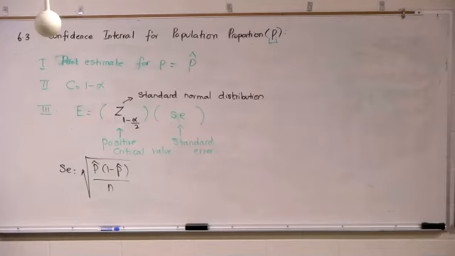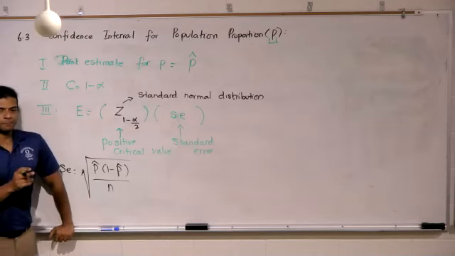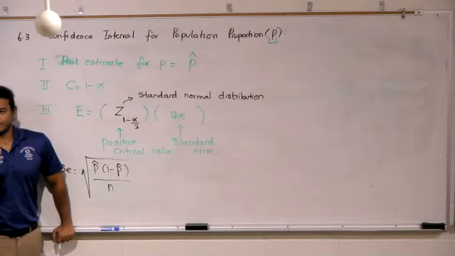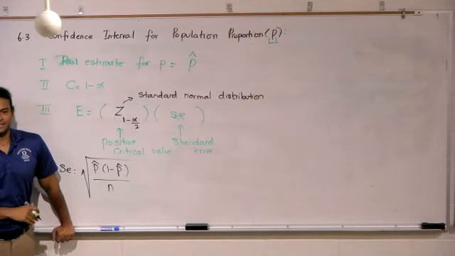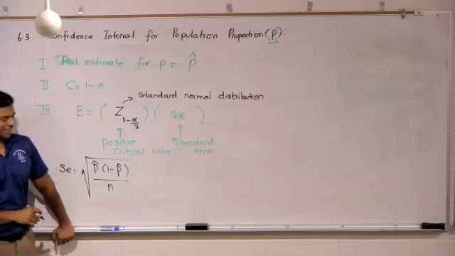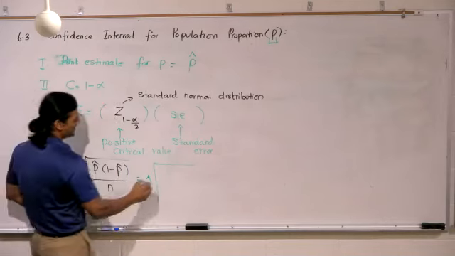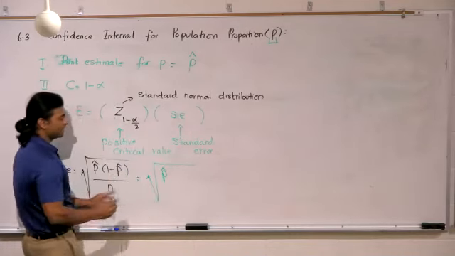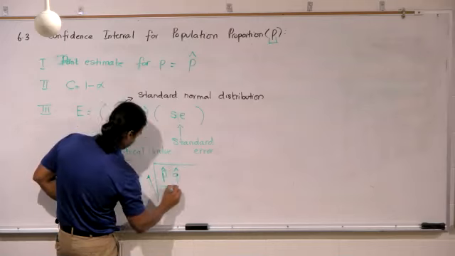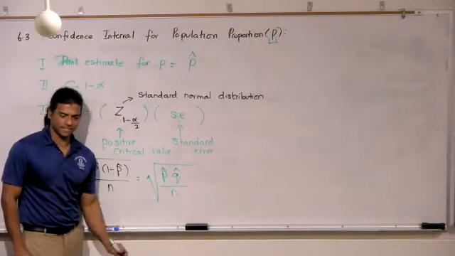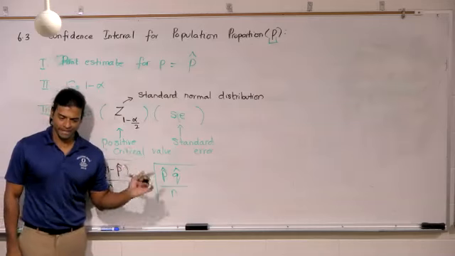Going back to the binomial distribution, if the success probability was P, I call the failure probability using a different letter. What is that letter? Q. So P hat multiplied by Q hat divided by n. I believe that your book uses this particular expression, P hat and Q hat.